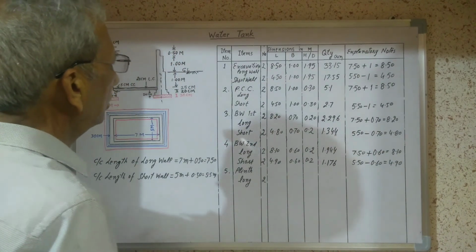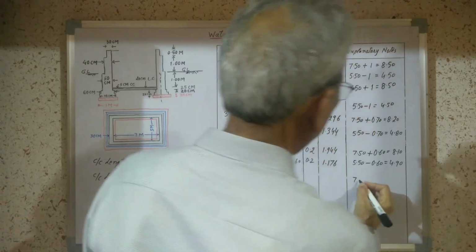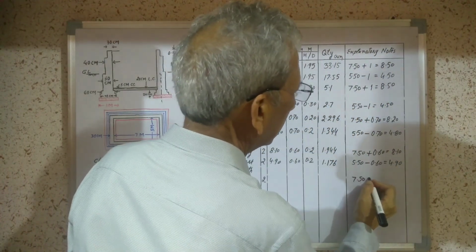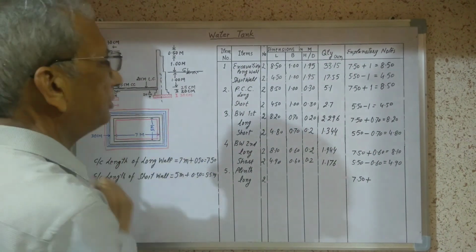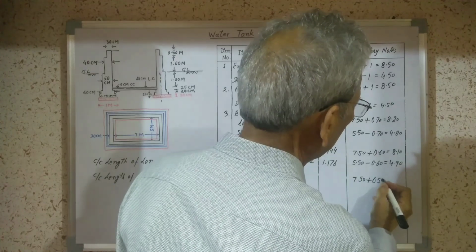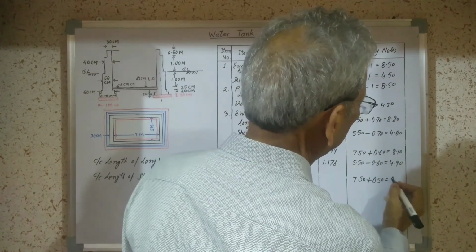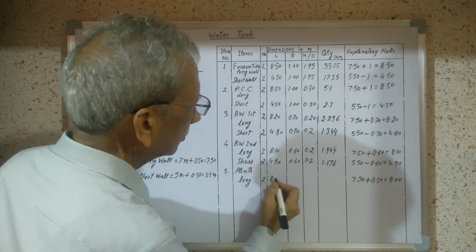Now what is the length of the plinth beam? 7.5 plus the width of the plinth beam, 50 centimeter, plus 0.5. It will be 8. Now we will write 8 here.